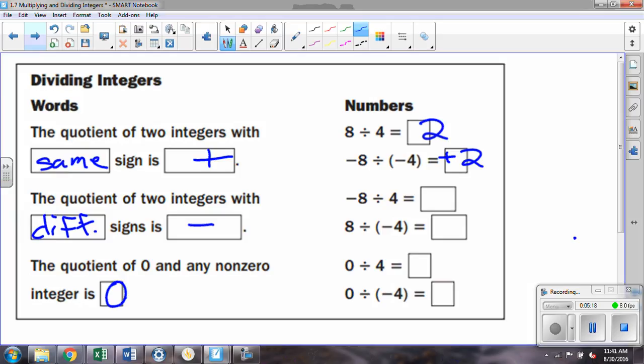Negative 8 divided by positive 4 would equal a negative 2. And again, positive 8 divided by negative 4, the signs don't match. So it's a negative. 0 divided by 4, 0 divided by negative 4. It doesn't matter if it's positive or negative for that second number. 0 divided by any integer will equal 0.